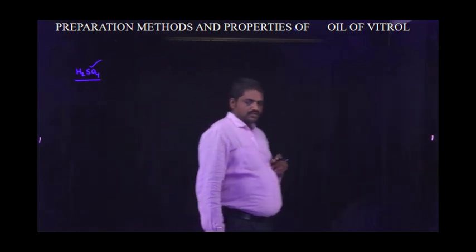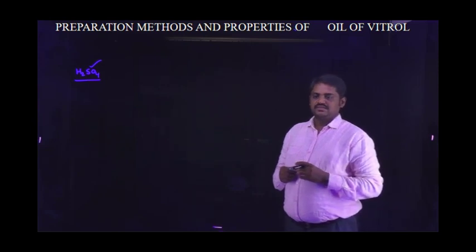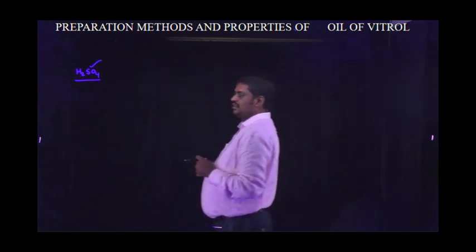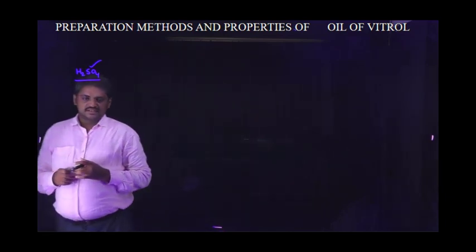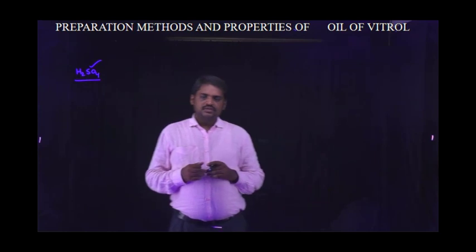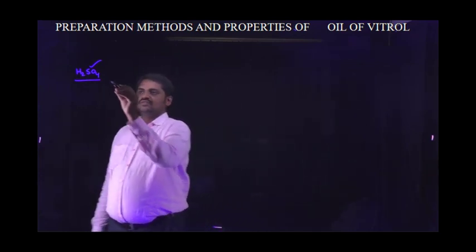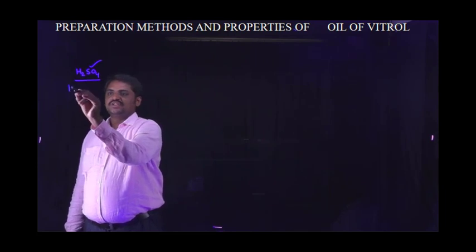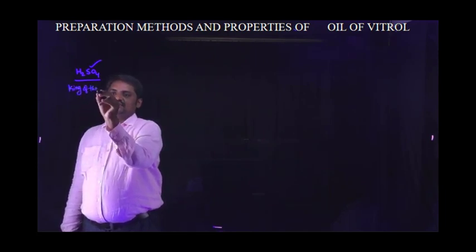This molecule belongs to the oxo type of acids of sulfur. This is a stronger acid compared to other oxo acids related to 16th group elements. Okay, this is a strong acid. Another name is king of the acid.